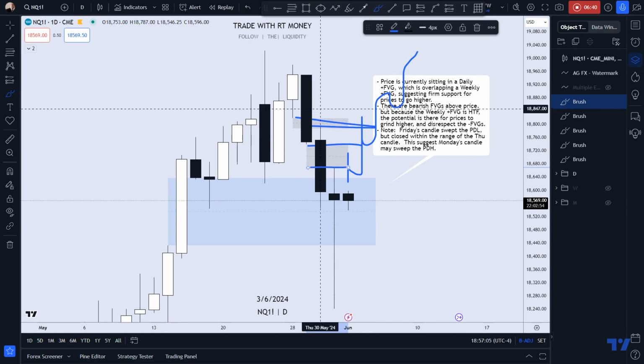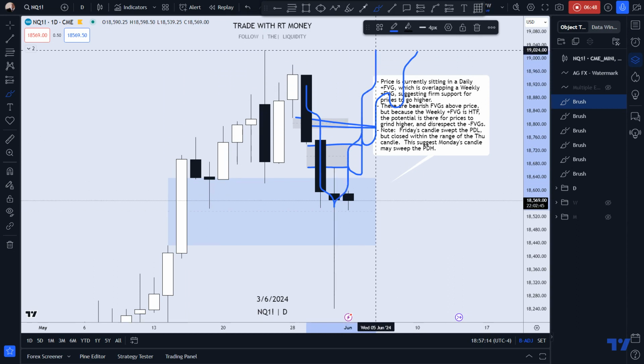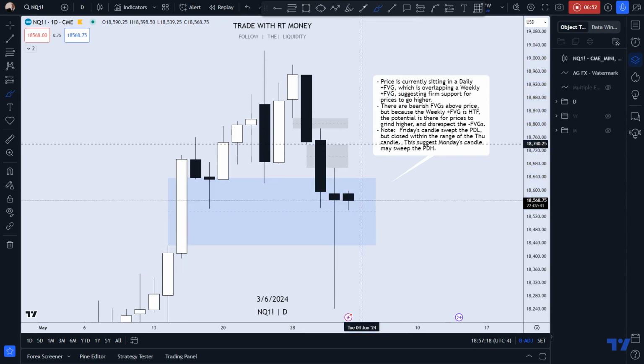And the reason why you'll see those fair value gaps is because price has to pull back. It's in a retracement because it just took out those swing highs, and then it'll go higher. All right, so we're going to move on.